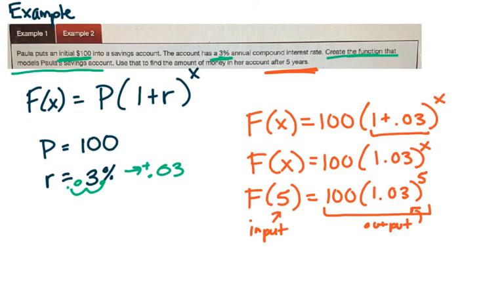If I'm not plugging into my calculator the whole thing, then I would need to do my exponent first, so make sure you're following orders of operations. So 1.03 to the 5th. I'm going to write this out just for those of you that can't plug the whole thing into your calculator. You'll notice a really long number.